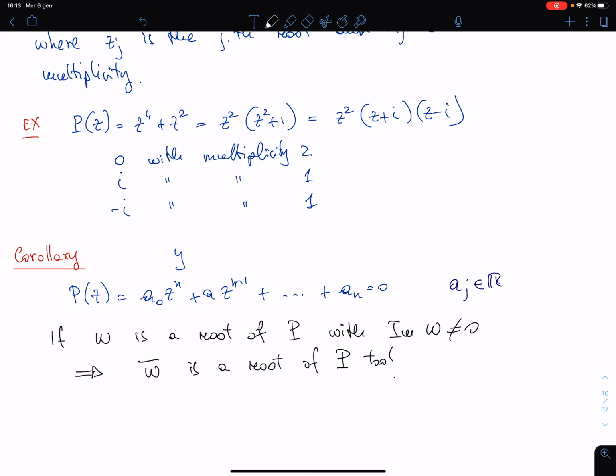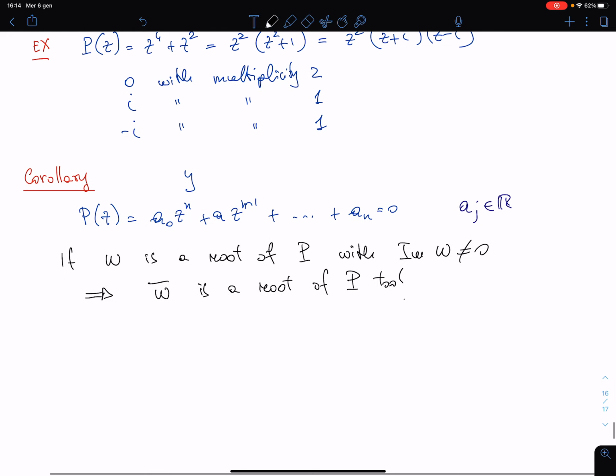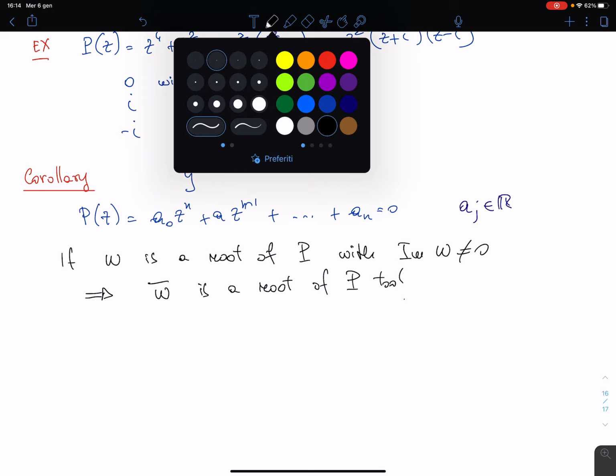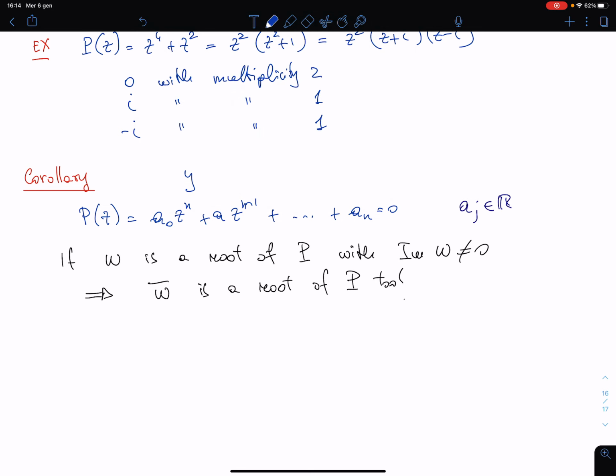Okay, this is a very nice theorem, and let me say why. Indeed, P of zeta bar is equal to A naught zeta bar to the n plus A1 zeta bar to the power n minus 1 plus dots plus an.